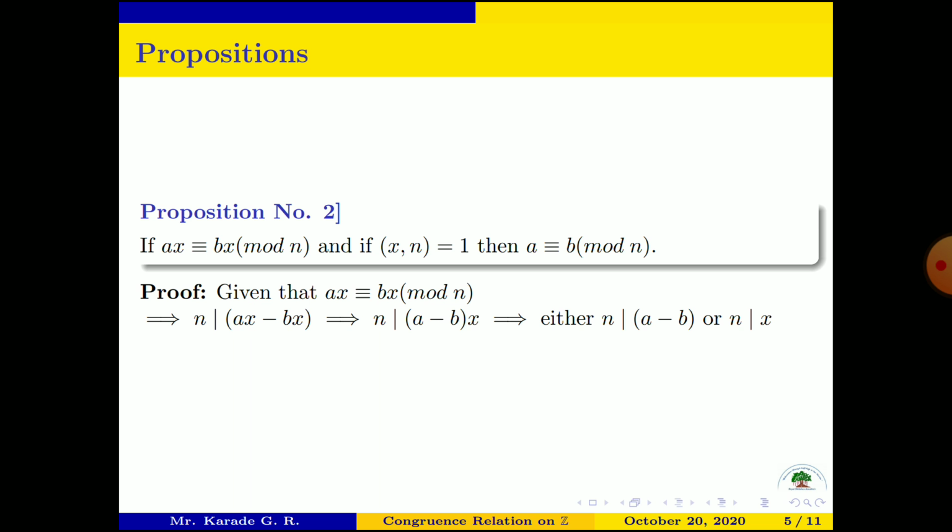So as n divides the product of (a minus b) and x, therefore either n will divide a minus b or n will divide x. Okay, एकतर n a minus b ला डिवाइड करेल किंवा n ला डिवाइड करेल.